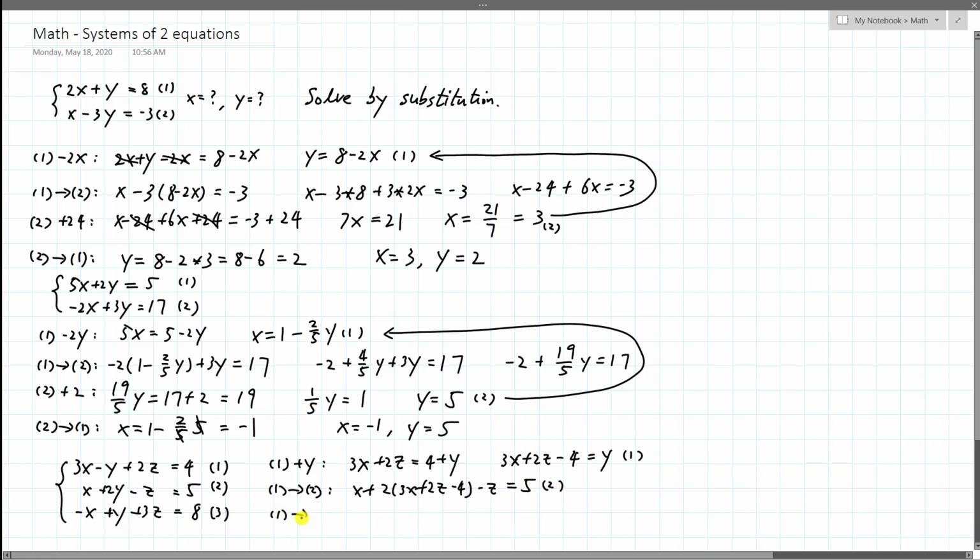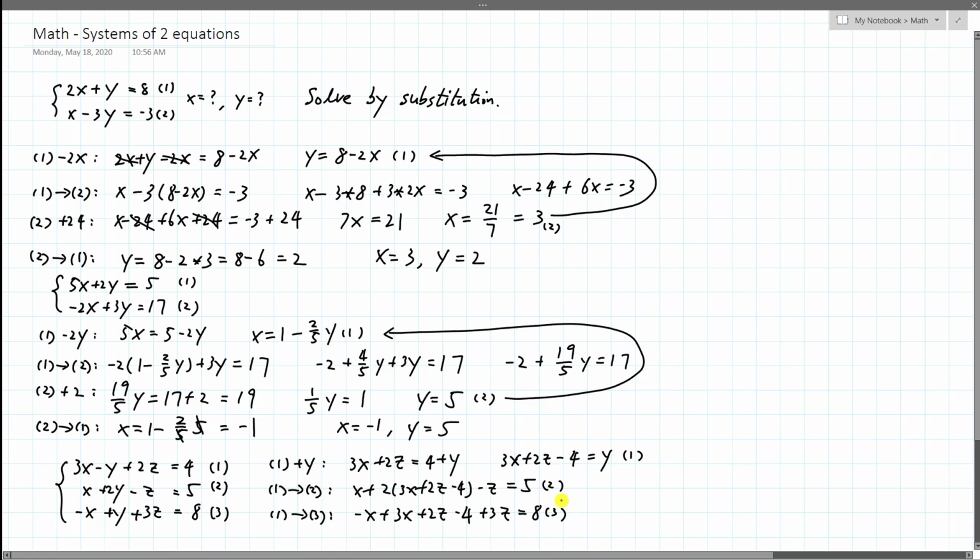Now 1 into equation 3 is minus x plus this whole thing, y, 3x plus 2z minus 4. In the z term, this is plus 3z. Plus 3z equals 8. That's equation 3.